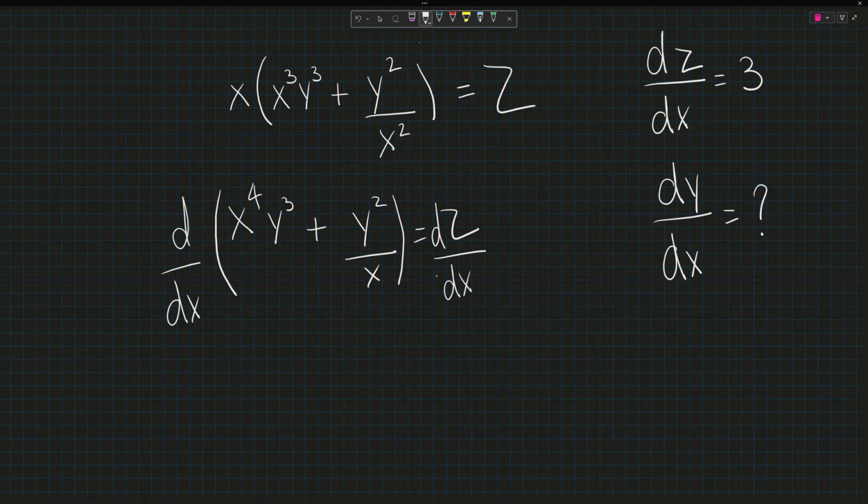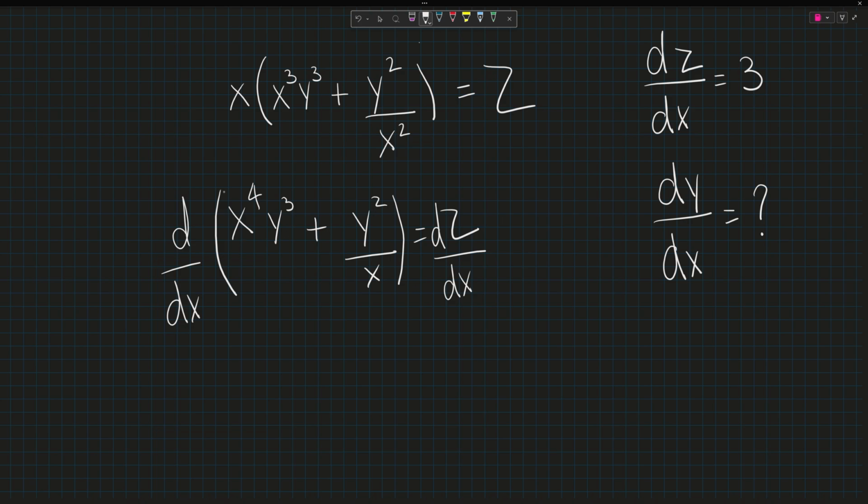Now honestly, if your teacher asks you to make these two separate steps, you should. I'm just doing this because this takes a lot of space, and I'm explaining it to you guys anyway so you can understand it. But yeah. So, moving on. We take the derivative. But notice how the first term is a product rule.